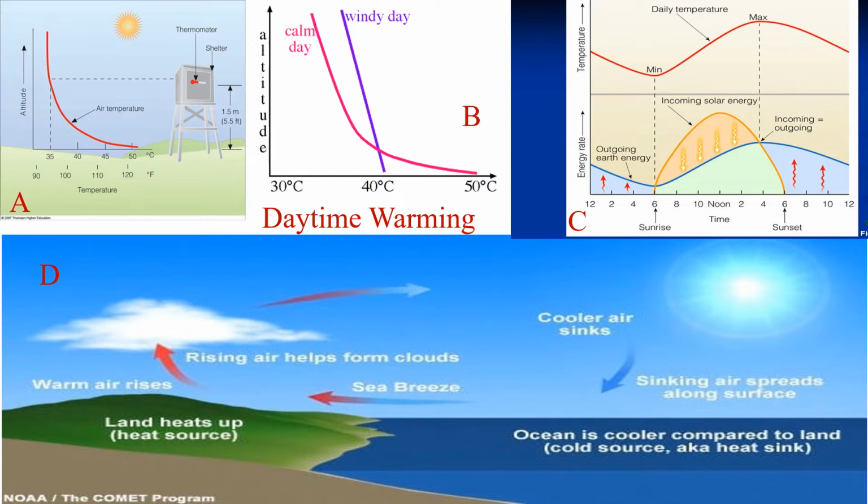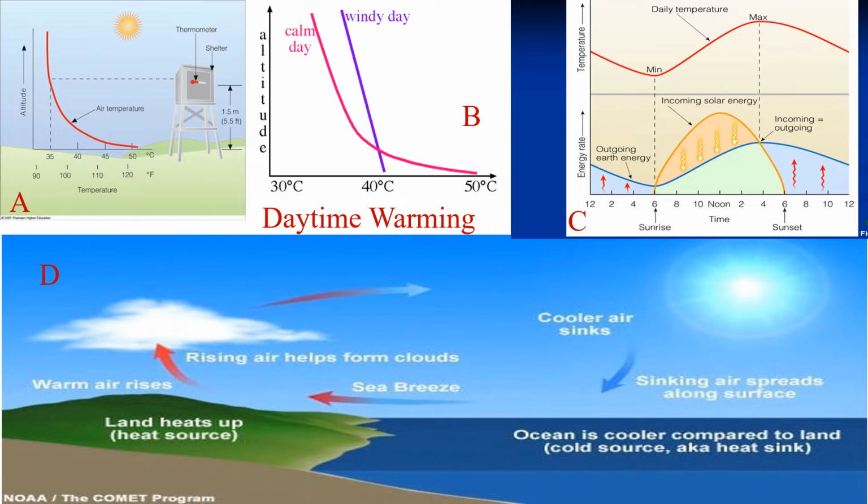It is around noon when the Earth's surface receives the most intense solar rays. However, somewhat surprisingly, noontime is usually not the warmest part of the day.